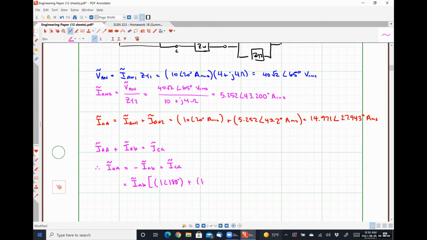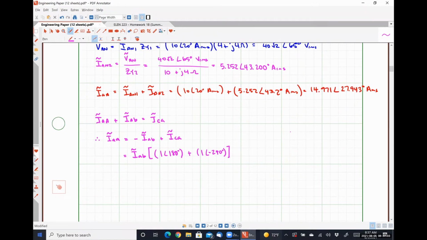Plus 1 angle negative 240 degrees, because I know that the C phase lags the A phase by 240 degrees. So rearranging, I would find that IAB is IAA divided by 1 angle 180 plus 1 angle negative 240.